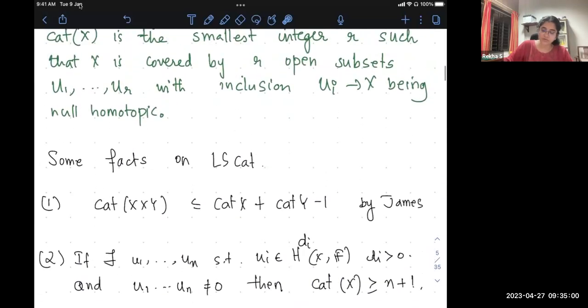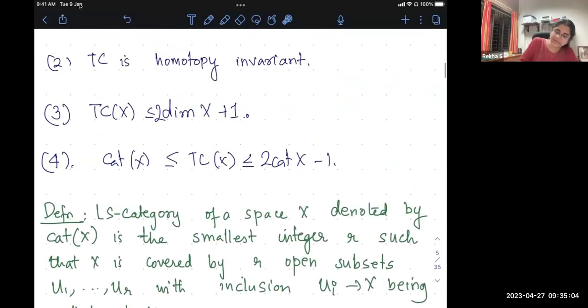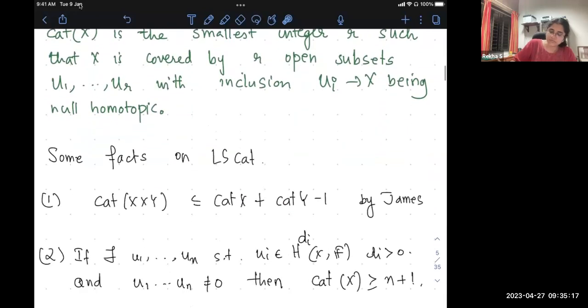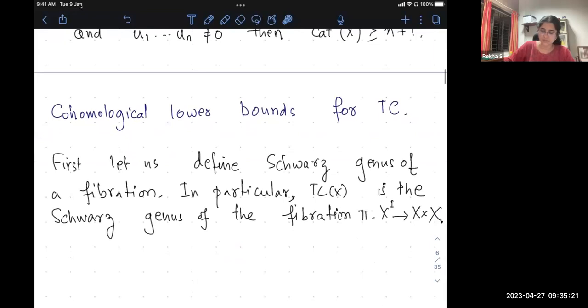All right. So what we want to talk about then is, so we already said that LS-cat will bound TC below, it will give a lower bound, but one wants to do better. For instance, to compute LS-cat, we have a cohomological lower bound. So there is a similar lower bound that one can describe for TC as well.